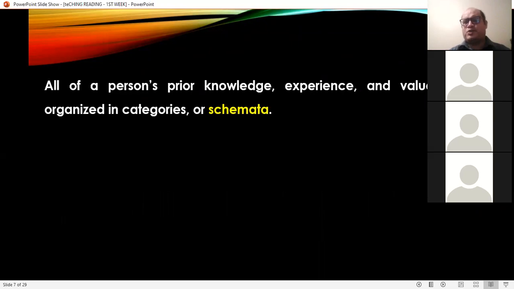All of a person's prior knowledge, experience, and values are organized in categories or schemata. Remember this term, schemata. Schemata is all the knowledge, the prior knowledge or experience or values that we have. And we have different schemas. Schema is singular, right?